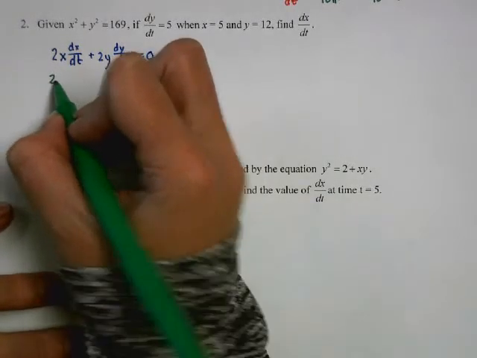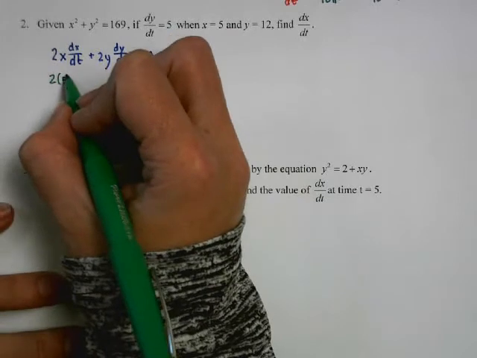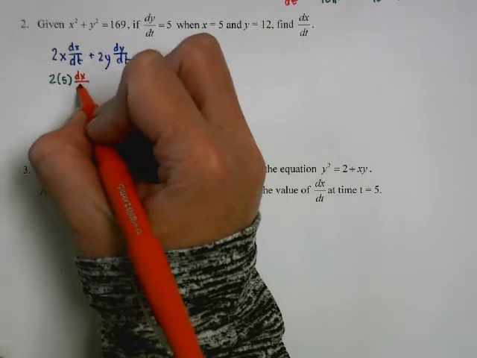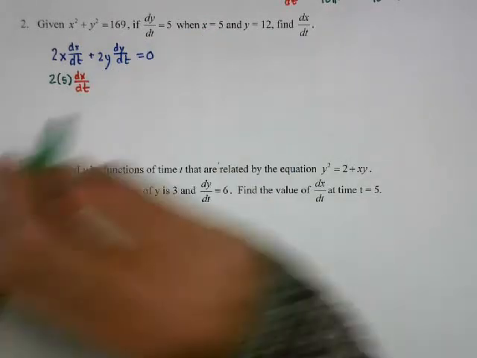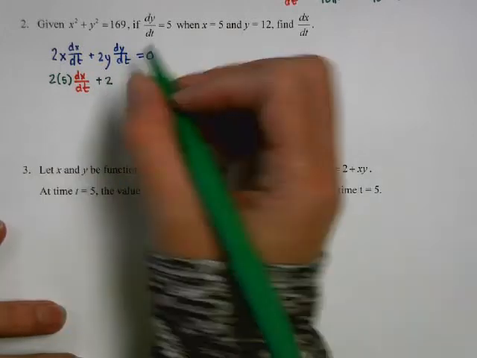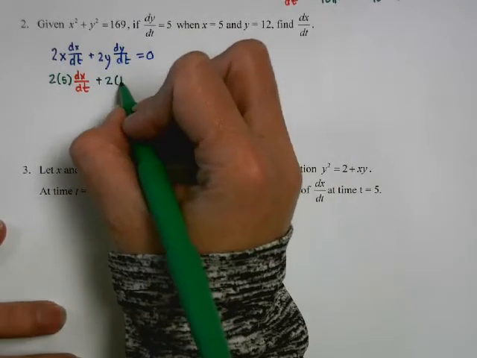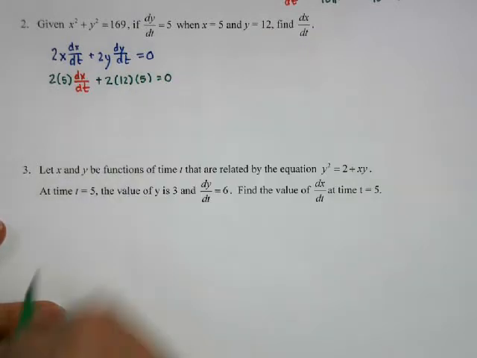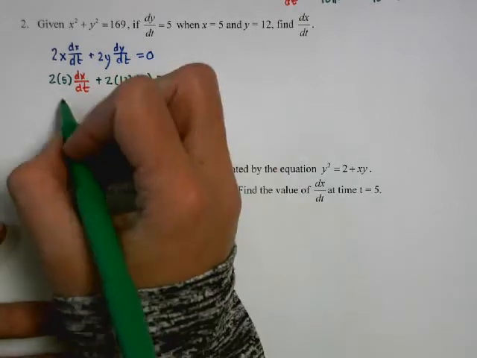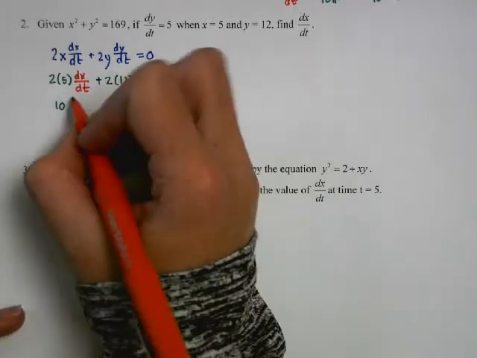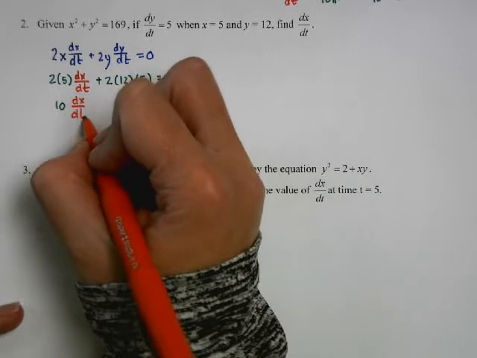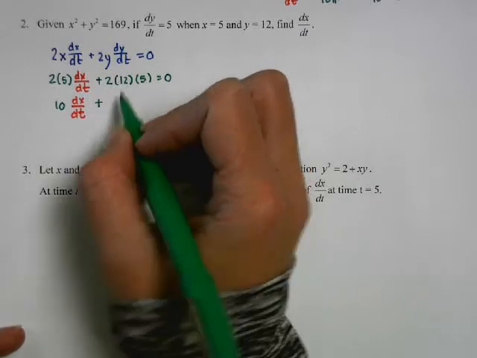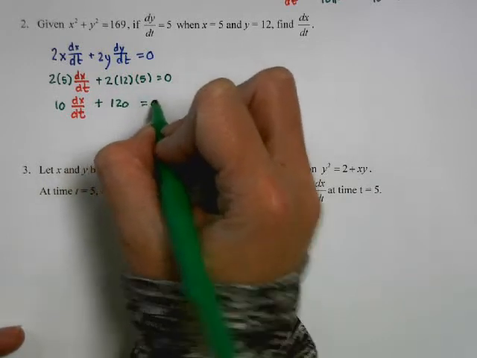So we'll fill in what we know. So 2 times x is 5, and dx/dt is what we're solving for. Y is 12, and dy/dt is 5. So we have 10 times dx/dt plus 2 times 5 is 10, times 12 is 120.